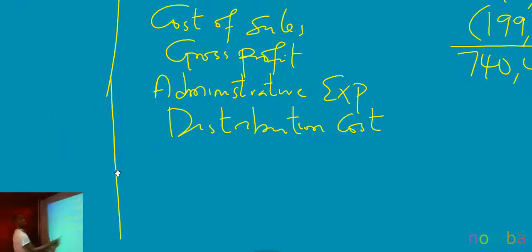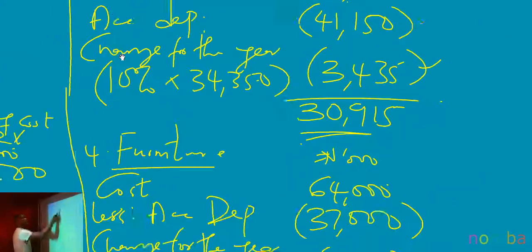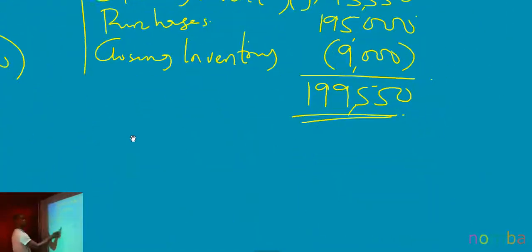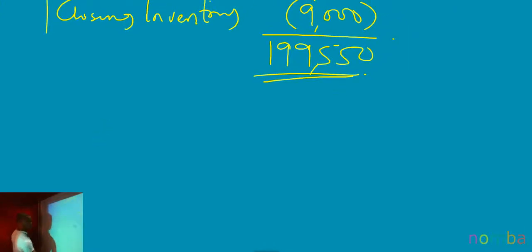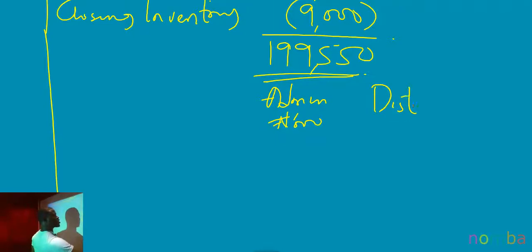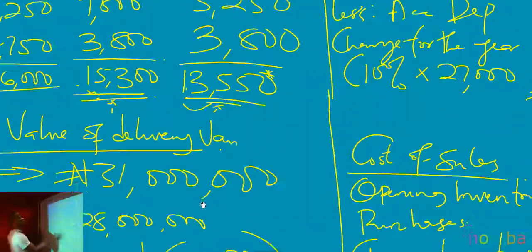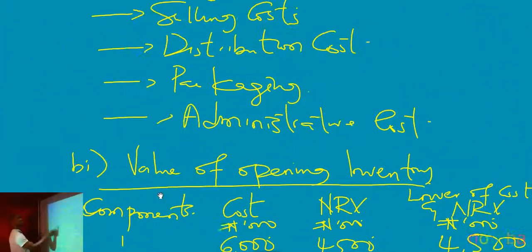So, let me go and do the analysis of expenses so that I can allocate properly the distribution and administrative expenses. So, I will have my admin here, and my distribution here. So, we'll go and pick those items one by one, taking cognizance of our workings.